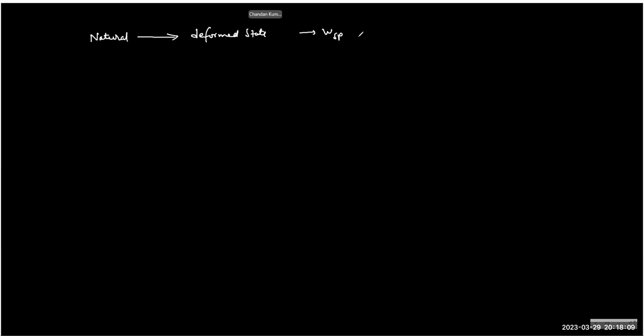You are going from the natural to deformed, the work done by spring is going to be negative. But if you go from deformed to natural, in this case, the work will be, what do you think? The spring wants to go to natural, no?